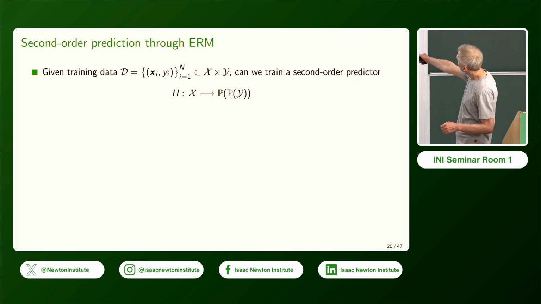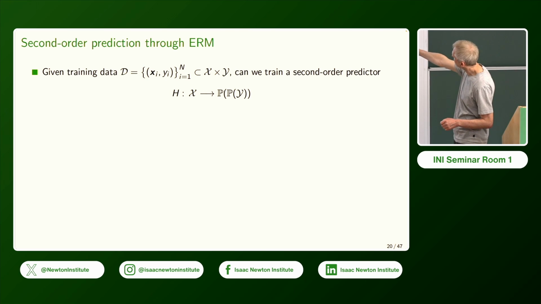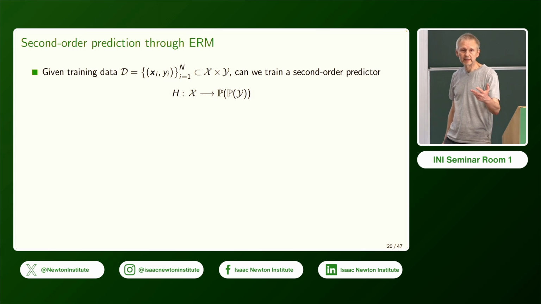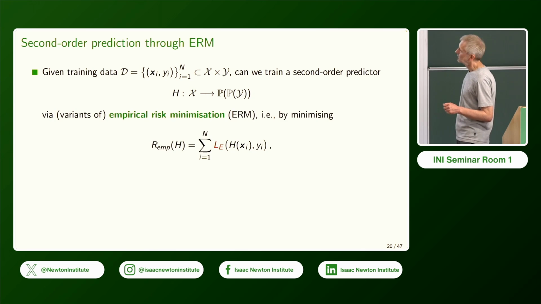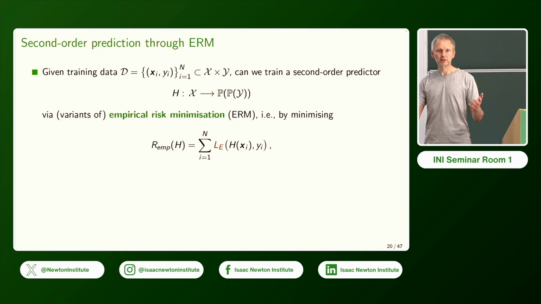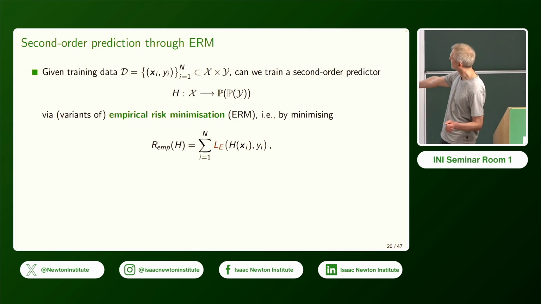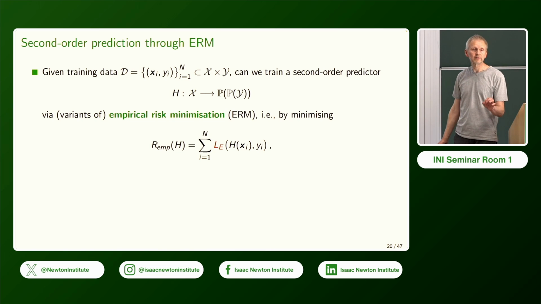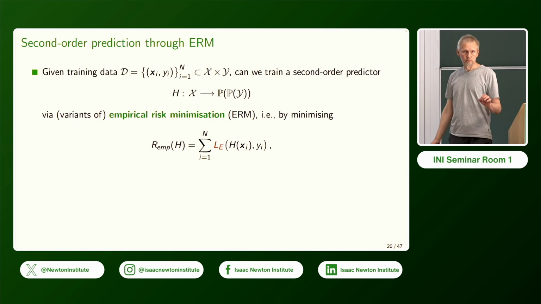The question is, can we train a second-order predictor, capital H, mapping from the instance space into the space of second-order distributions using simple empirical risk minimization? What we typically do in machine learning. We have a loss function which I call LE here. E stands for epistemic because this loss function compares second-order predictions with outcomes, yi.